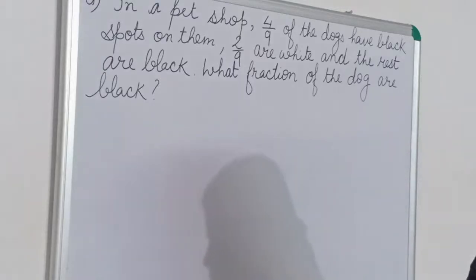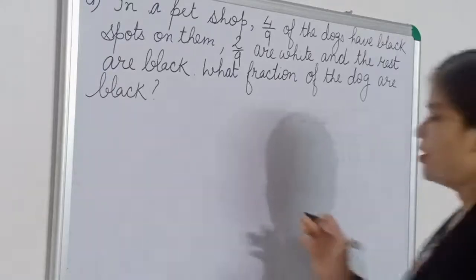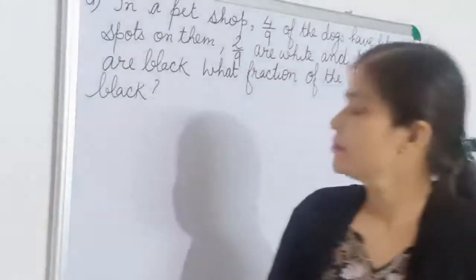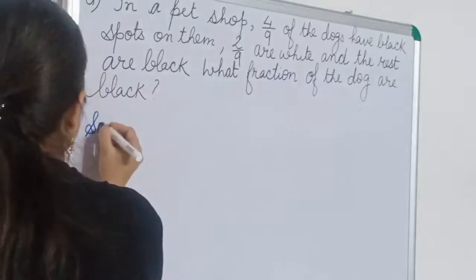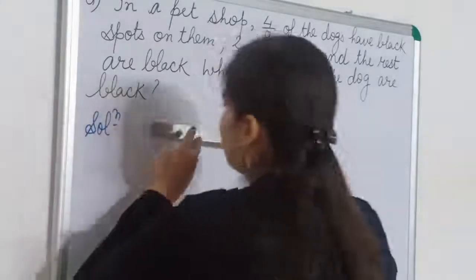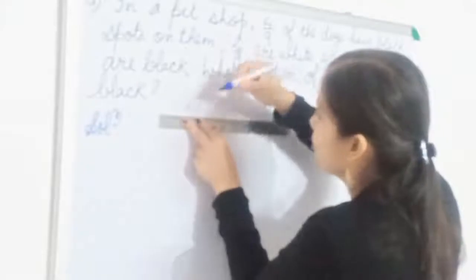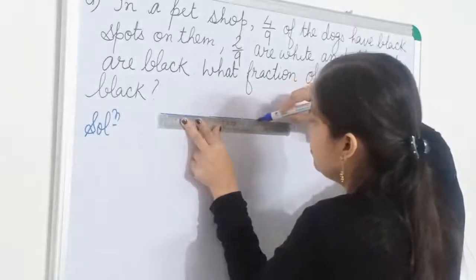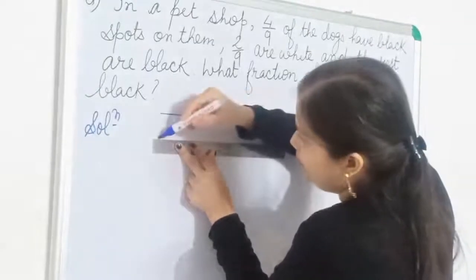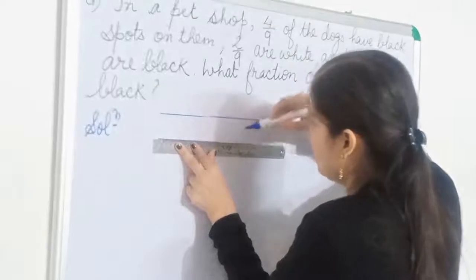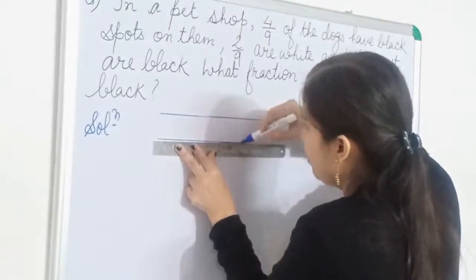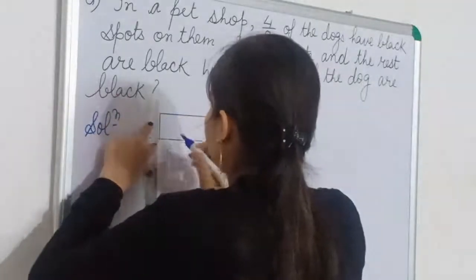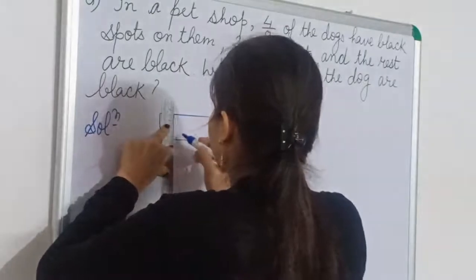Understood? First of all, there is one pet shop. You see the solution here. This is one pet shop and this is the total number of dogs. We can say the total number is a whole. We don't know how many, but this is the total number of dogs in the pet shop.